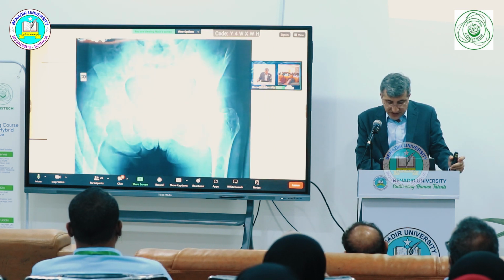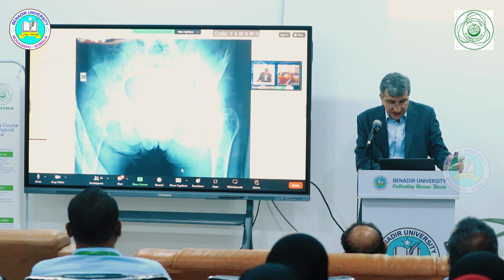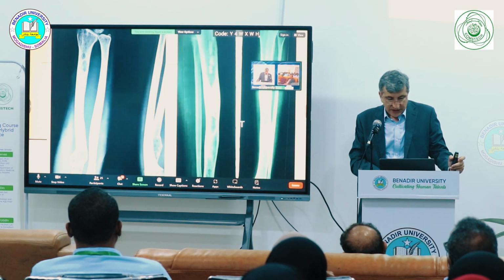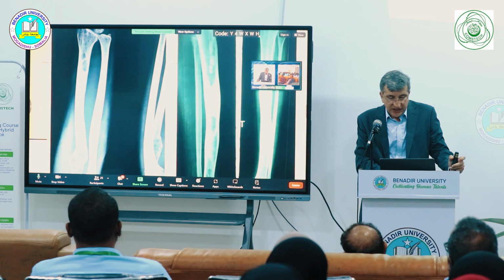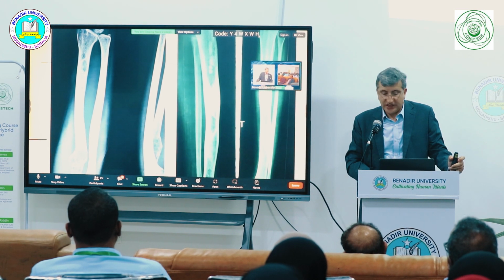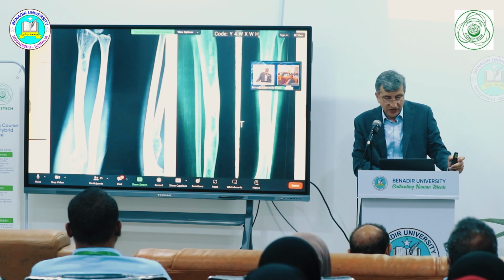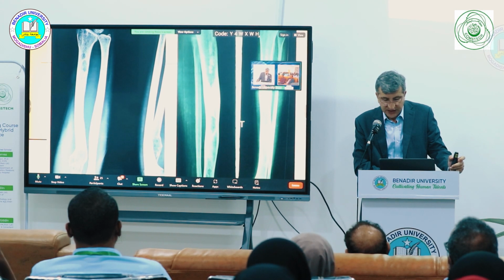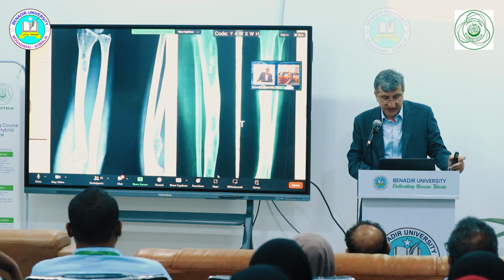Here multiple lytic lesions are seen in both femurs, and this is brown tumor. Multiple lesions in fibrous dysplasia. Two different examples, but you can see multiple lesions proximally and distally as well. And here in this tibia, there are multiple lesions. So fibrous dysplasia.